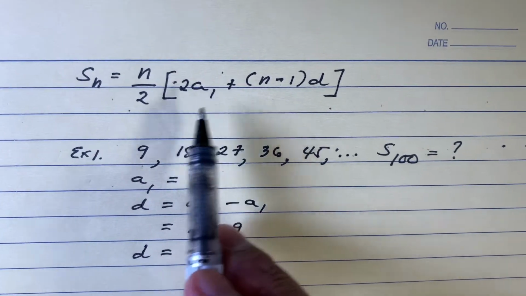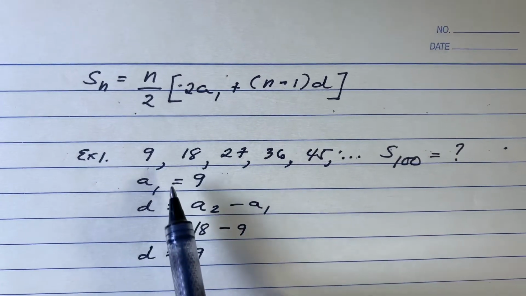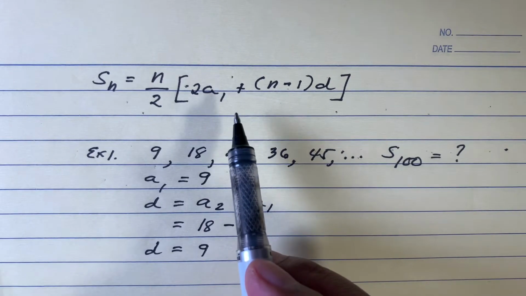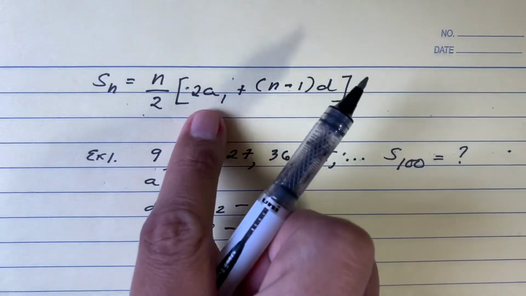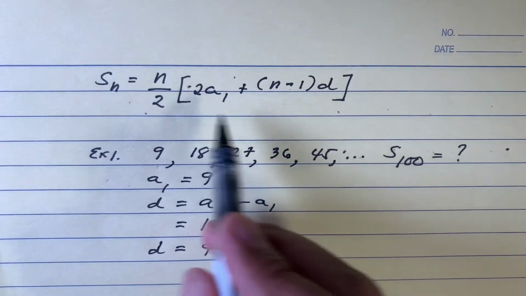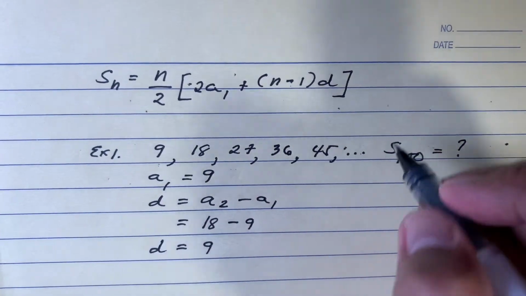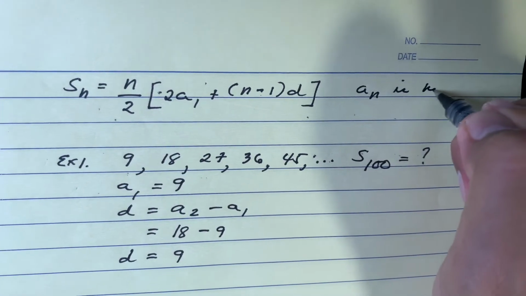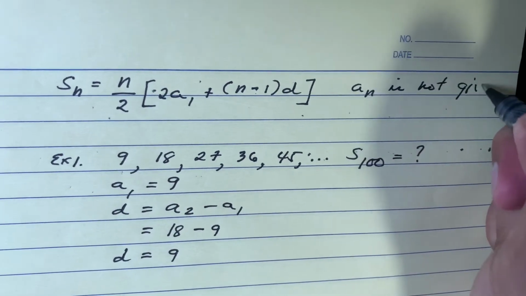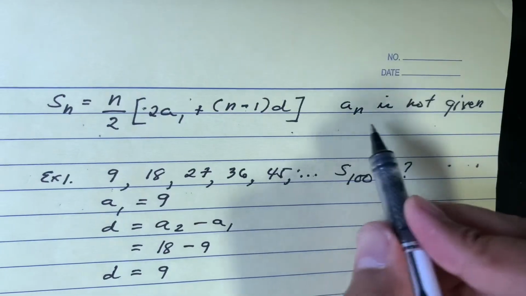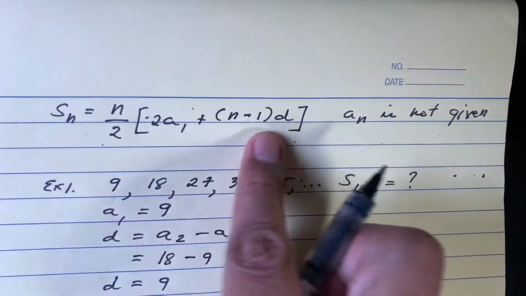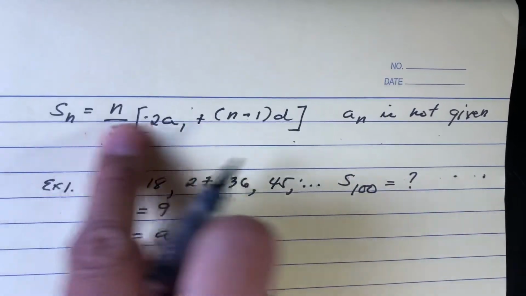Now, we are simply going to substitute the corresponding values of the variables using our main formula. Remember that this formula will only be applied if a sub n is not given or identified. Always remember that.